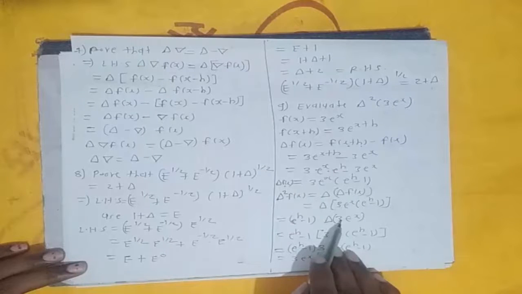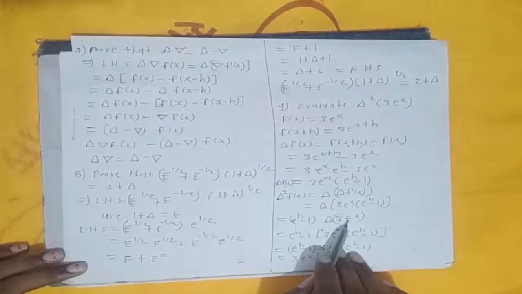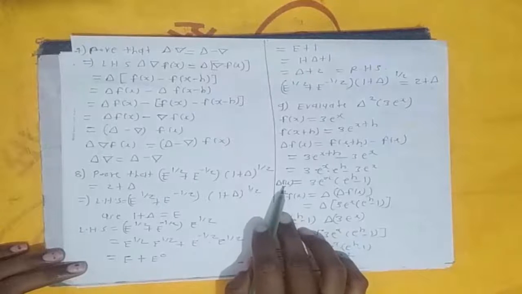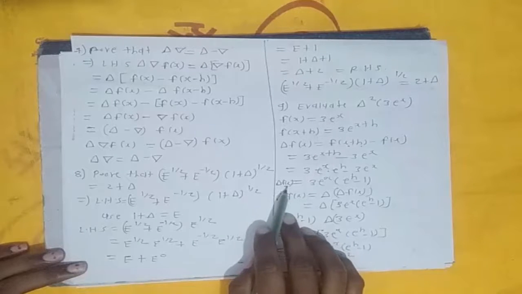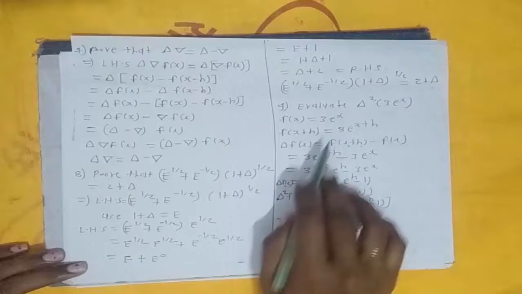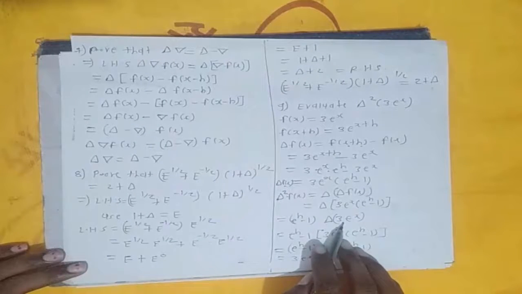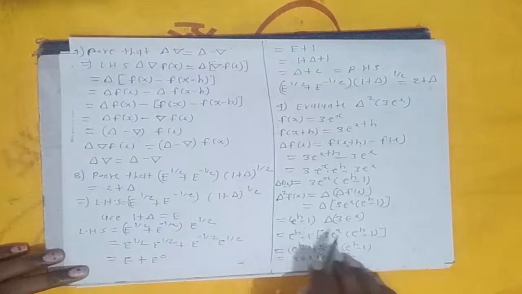We can take this 3 also outside, but here we write as it is, because here we have to know the value of delta f of x. So we write this 3 inside, and also we can take it outside and then find delta e raised to x. We have to get the same answer.